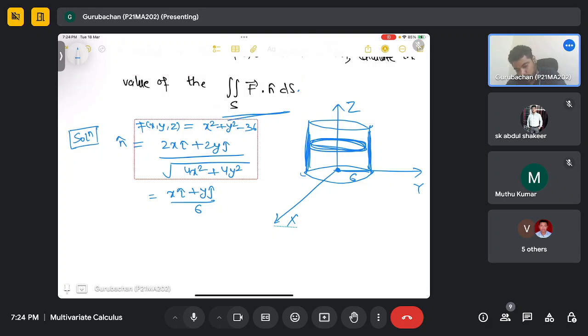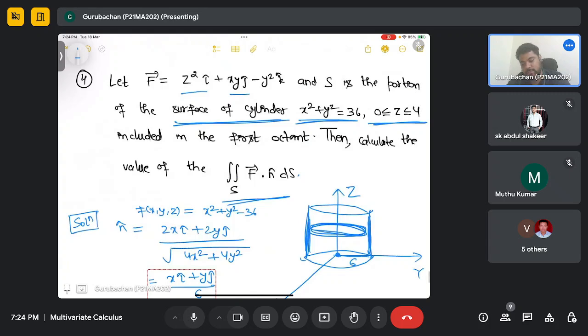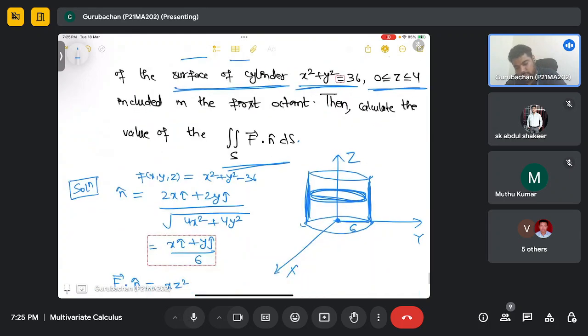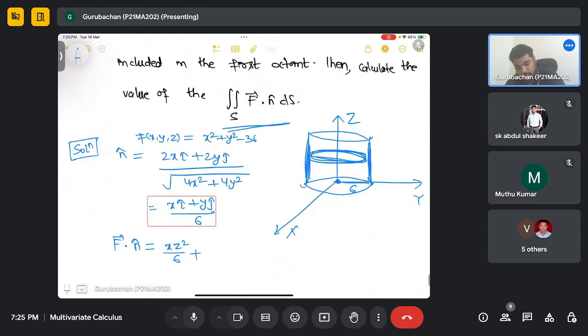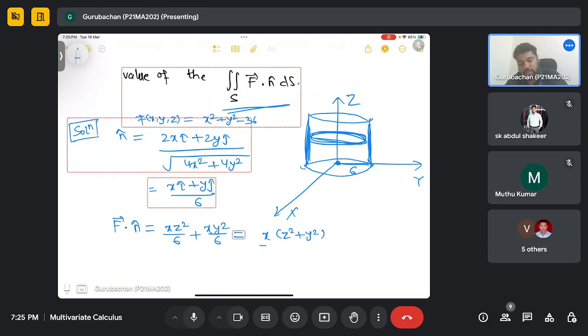Now what is F dot this n cap? We need to consider only the x or y direction. We don't need to consider the z k direction. So this will give us xz square divided by 6 plus xy square divided by 6. And let us do a little smart work from here. Why am I saying this is smart work?